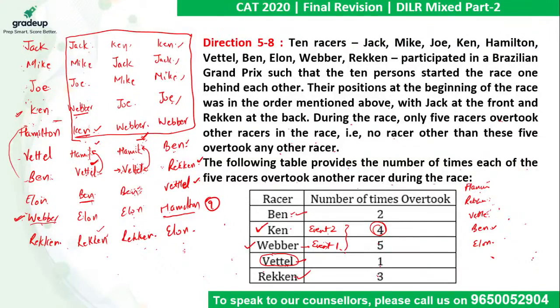So if Hamilton and Vettel interchange their positions first, it will be Vettel, then Hamilton, then Ben, Eon, and Raikkonen. So now when Raikkonen will move 3 steps ahead, and Ben will also move ahead, so again he will come down to 9. So ये तो पहले नहीं करेंगे इन दोनों को इंटरचेंज, हैमिल्टन और वेटल को, वो 9 पे आ जाएगा.